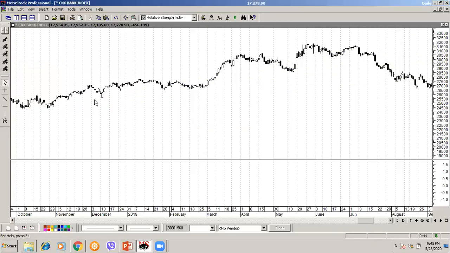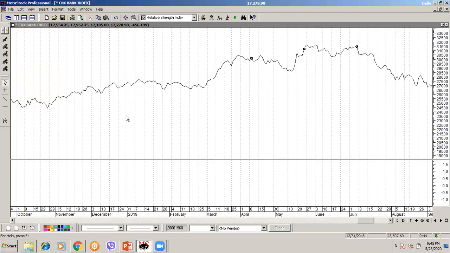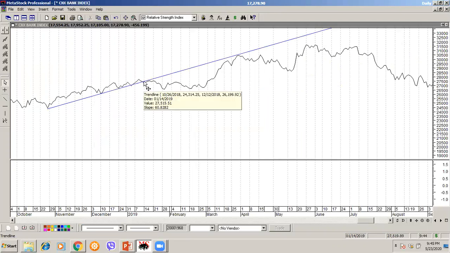When I simply change this chart to a line chart, what a line chart does is it's basically just based on the close, right? Now see. 1, 2, extend. Third point, valid. Fourth point, very valid. Here comes your breakdown.